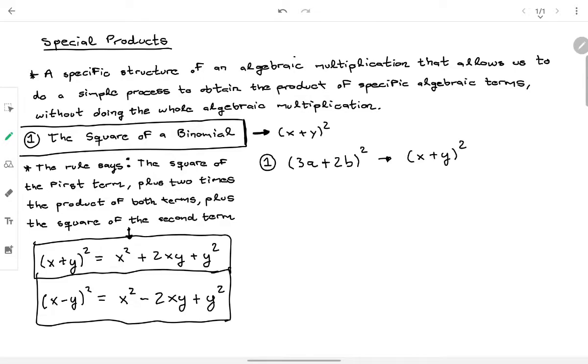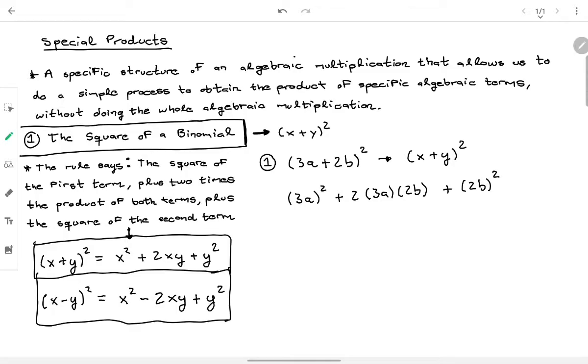The rule says we need to do the first one squared plus 2 times the first one multiplied by the second one plus the second one squared.